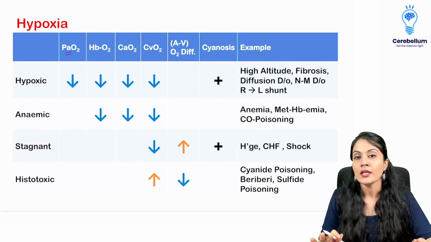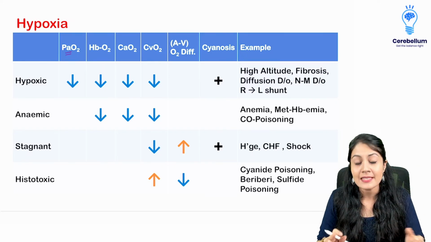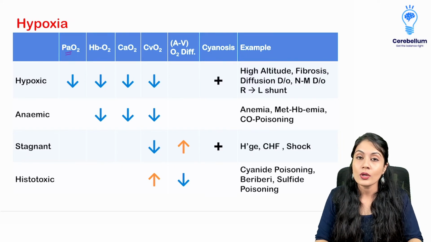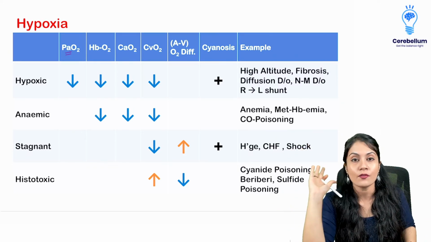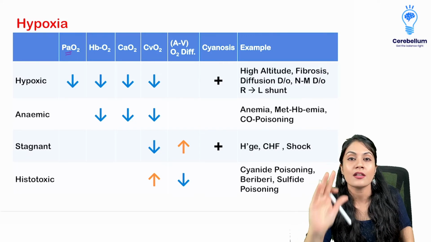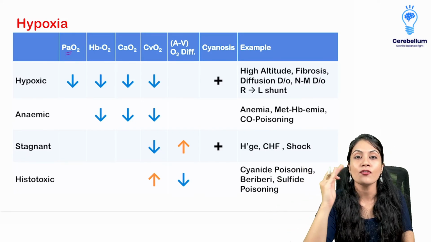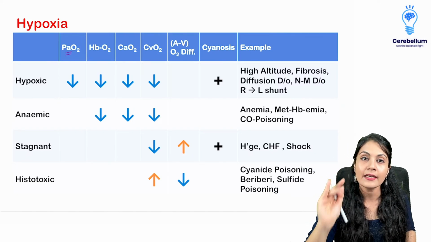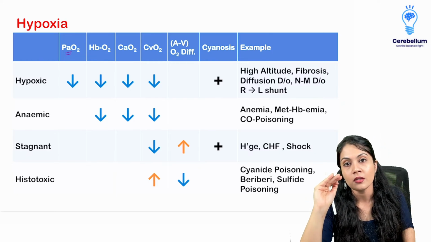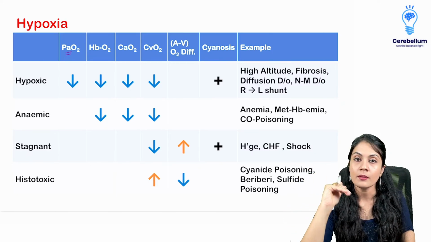And I told you that it depends on the dissolved form. And the dissolved form is usually very, very less. It is going to decrease only in the case of hypoxic hypoxia, because overall content from the atmosphere itself has been reduced, right? And that's why the gradient from the atmosphere towards the alveoli will be reduced, and the gradient is also going to be reduced from the alveoli towards the tissues, or towards the pulmonary capillary.